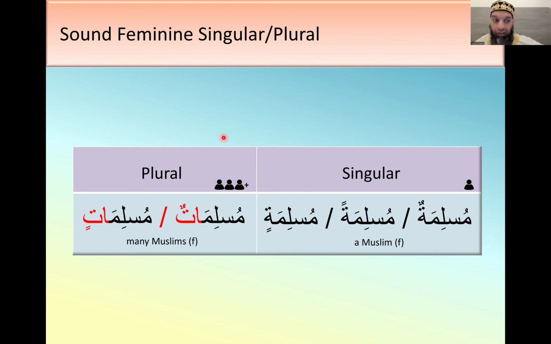The people who are bad, the people who are good, the disbelievers, the Muslims. So the sound plurals usually come when they're talking about people. When you're talking about objects like book and door and sun and moon and different things like that, then they will be in the broken plurals. And we're not going to cover broken plurals because there's other things more important to cover for now.